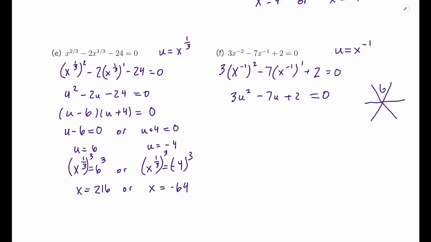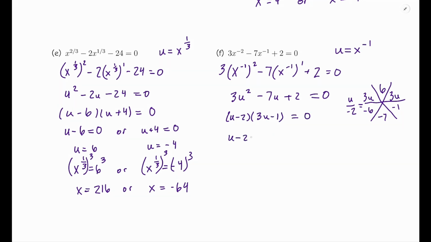A times c is 6, b is negative 7, and then we get 3u, 3u. What two numbers multiply to 6 and add up to negative 7? Well, that's negative 6 and negative 1. This one reduces to u over negative 2. So then it factors as u minus 2 times 3u minus 1 is equal to 0.